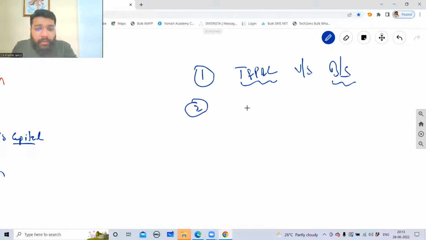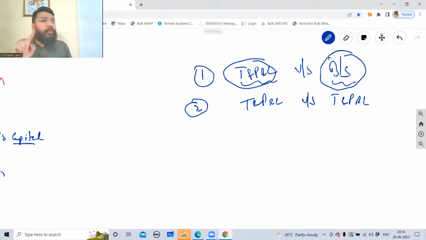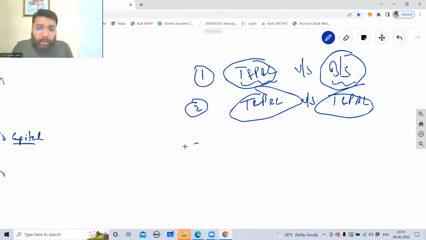The second combination is both being trading and P&L versus trading and P&L. When you enter a transaction, the two accounts you identify can belong to one of each statement, or both to trading and P&L. And the third option is both belong to the balance sheet.